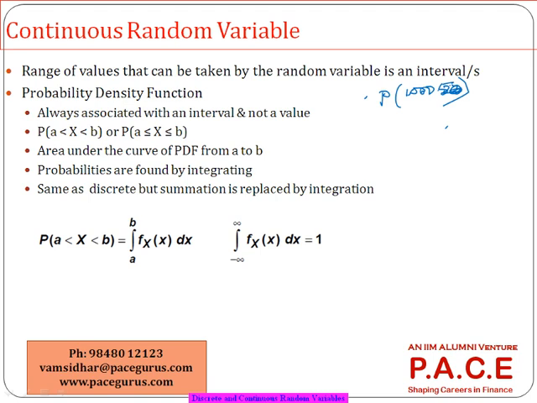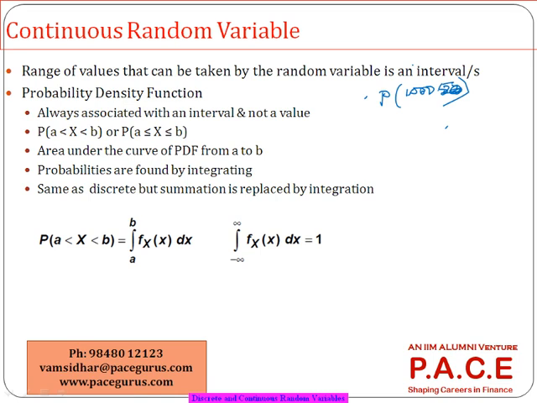Since there are lots of possible values, almost 1 lakh values, 0 to 1 lakh, any number is possible if I assume, then the probability of getting 1050 may be just 1 by 1 lakh, which is as good as a 0, right?